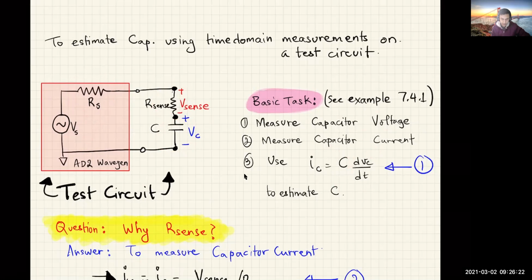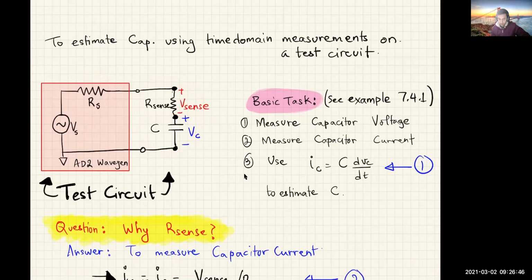And the answer is no. This RS is a Thevenin resistance associated with the wavegen. So this is part of the source itself, and you have no control over it. The only things that you're going to attach or build on your circuit are the R sense and the capacitor.